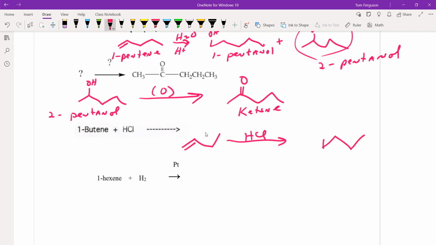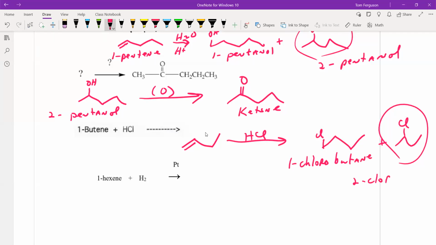So you're going to get some HCl here and here. And this would be the more stable one. So this is going to be 1-butene. This would be 1-chlorobutane, 2-chlorobutane.